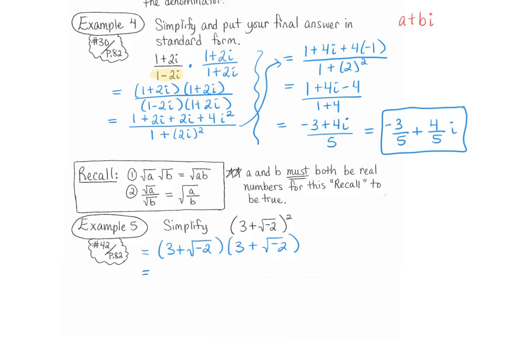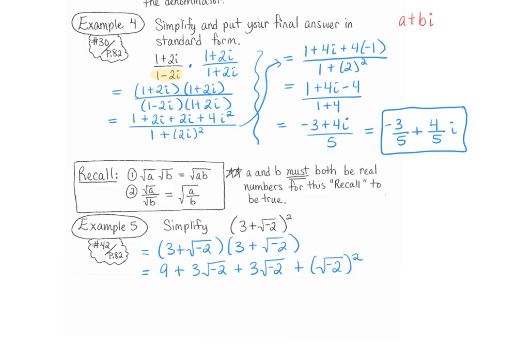So 3 times 3 gives us 9, plus 3 times the square root of negative 2. We'll handle that negative underneath the radical later. The inner is 3 times the square root of negative 2. And then the last is the square root of negative 2, quantity squared.